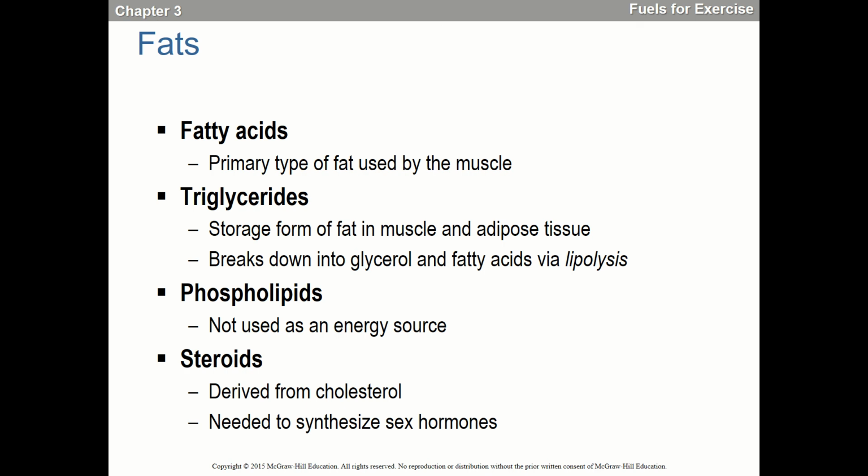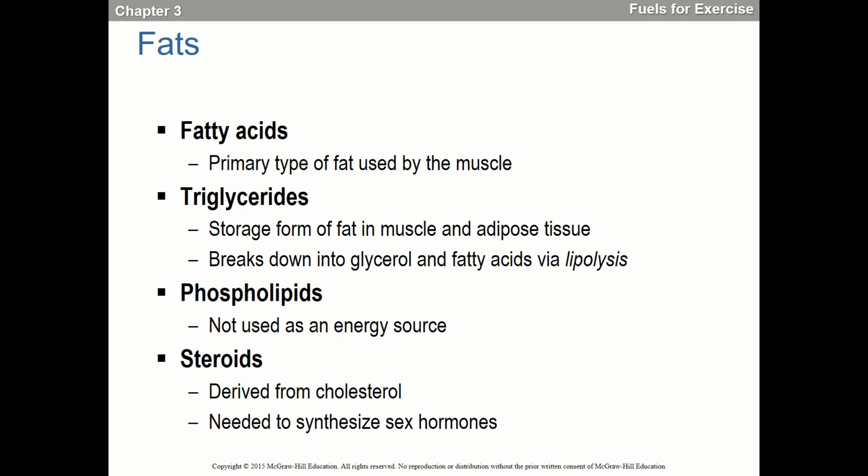We store some in the muscle as intramuscular triglycerides, and then we have circulating fatty acids, which come from adipose tissue or fat cells. Both of those are the main forms of fuel that we use to exercise. So we have fats and carbohydrates, and both are stored in two different places. Everyone good with this? It's almost like it was designed. I think it's pretty cool, right?